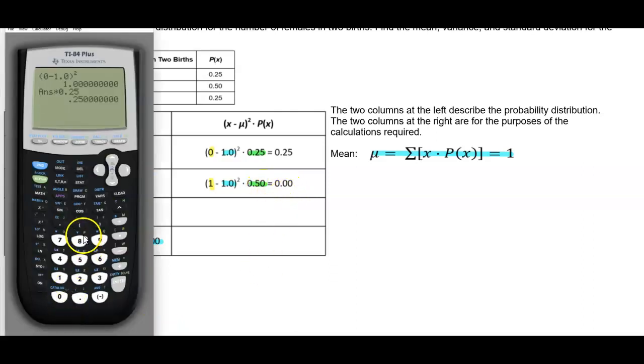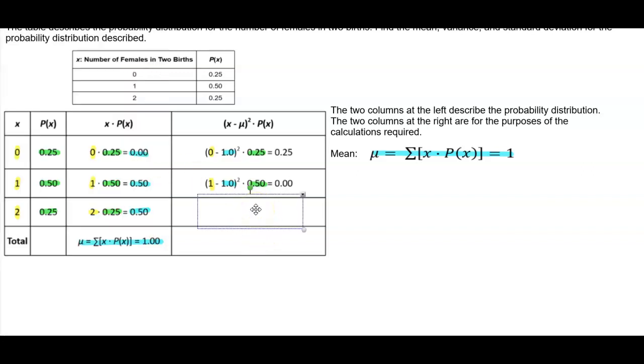We can verify that on our calculator; 0 times anything is always going to give us 0. Next, we take the data value of 2, subtract the mean, square it, and multiply it by the probability of 0.25. Well, 2 minus 1 is 1, and 1 squared is 1, times 0.25 gives us 0.25.